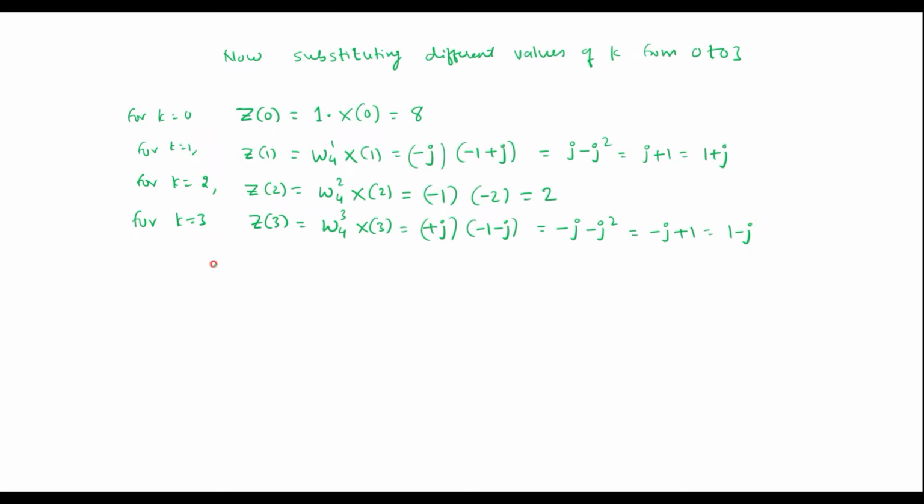Therefore z of k is equal to 8, 1 plus j, 2, and 1 minus j.